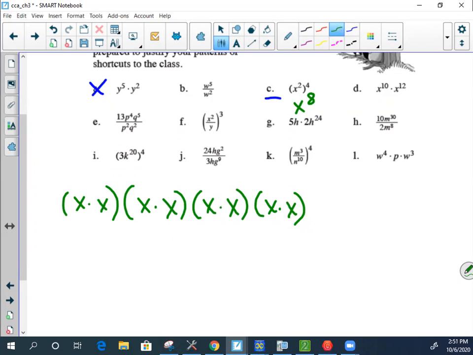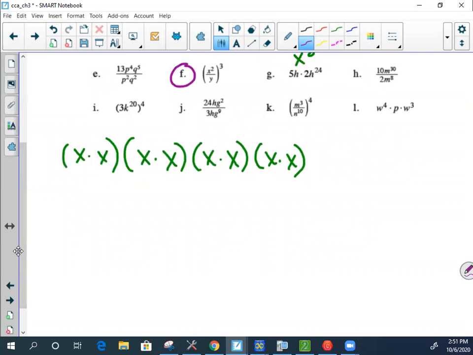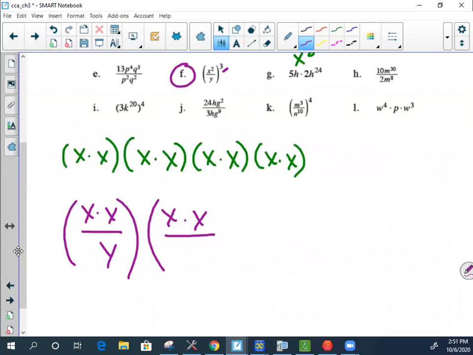And let's also do F here. I think F's a good looking one. So here, I have x times x, that's x squared, divided by y. And I have 3 groups of those. So I have x times x divided by y, and x times x divided by y, and another.